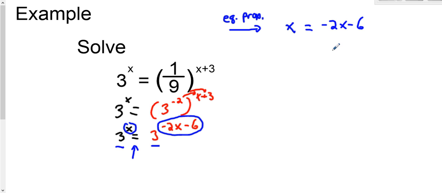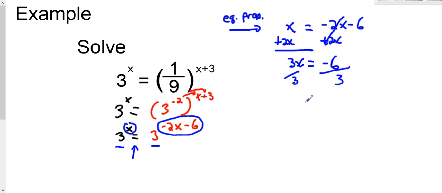This is just a simple linear equation we know how to solve. So I'm simply going to isolate the x, add 2x to both sides. I get 3x is equal to negative 6. Divide through by 3. I get x is equal to negative 2. And there's our solution.